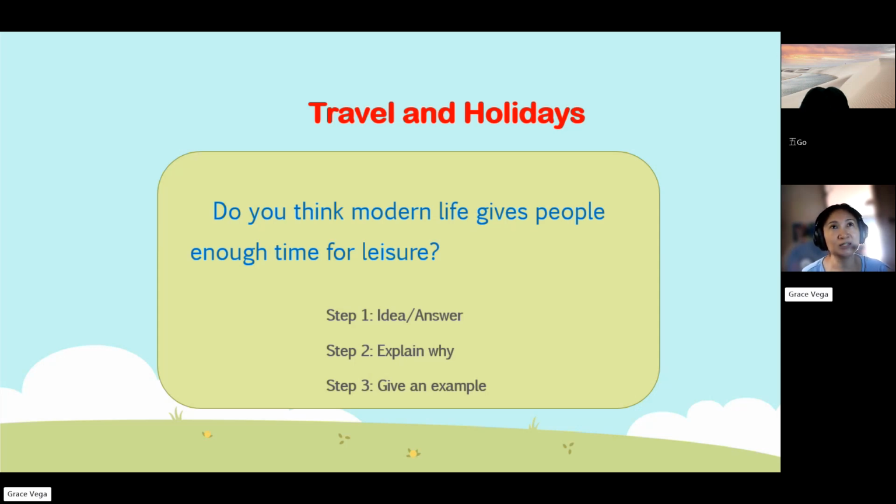Imagine you can just put your laundry in the automatic washing machine, and it will do the laundry for you, so you have enough time for other activities, indoors, outdoors, or for the things that you want to do, because modern life gives people enough time to do the things that they want.